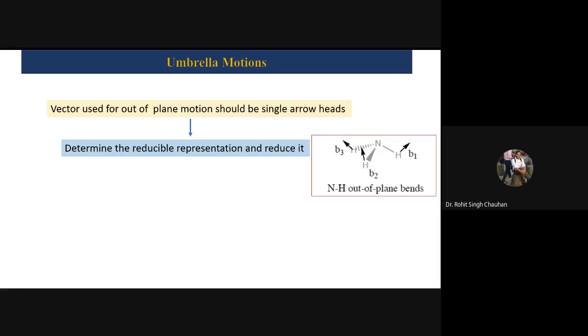Now you depict this, right? And this one is what? This one is the handle of the umbrella. So if you see, this is the total umbrella. So the movement which takes place due to the out-of-plane motion will be called umbrella motion, and that will correspond to the NH out-of-plane mode.